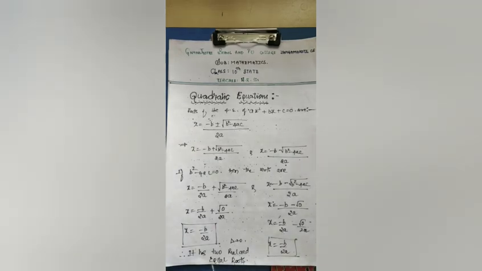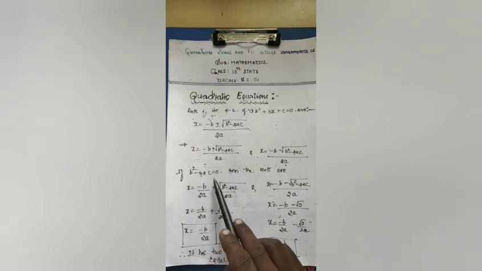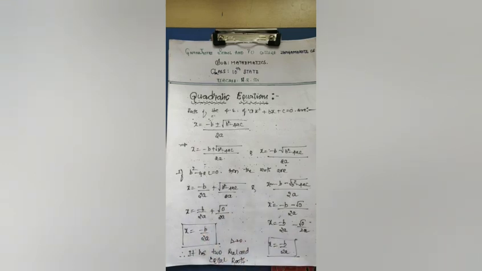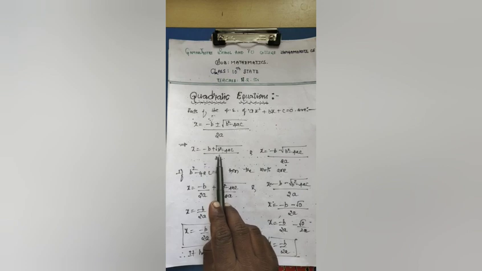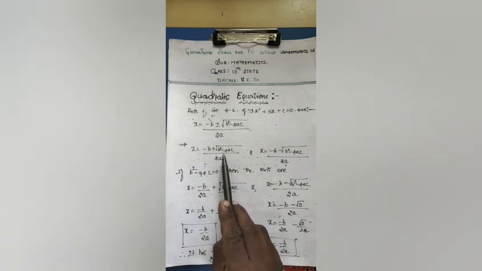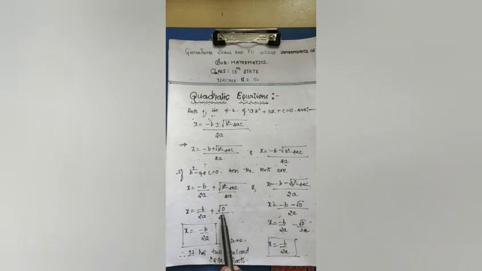If delta is equal to 0, so b² - 4ac = 0, then the roots of the given quadratic equation are, see, x = -b plus the square root of b² - 4ac, where instead of b² - 4ac we should take 0.